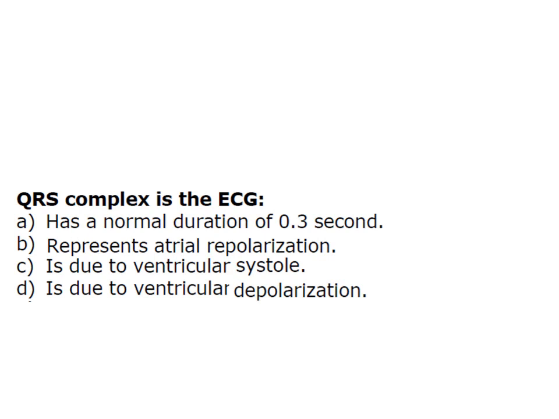MCQ. QRS complex in the electrocardiogram has a normal duration of 0.3 second. Wrong. We said before that the normal duration is from 0.08 to 0.10 second. Represent atrial repolarization. False. Is due to ventricular systole. Is due to ventricular depolarization. The right answer is D, not C. Why?